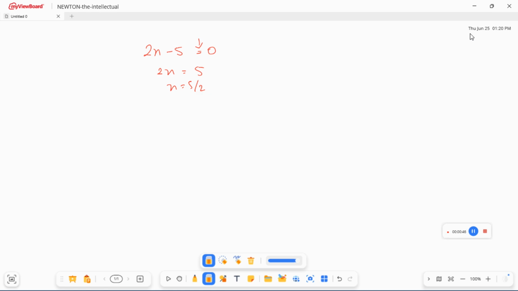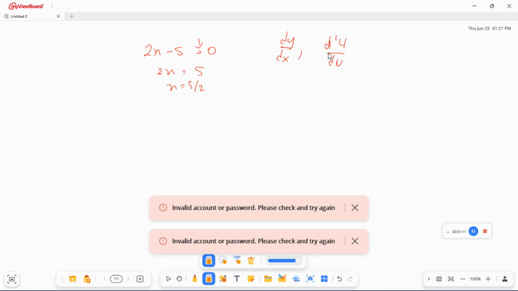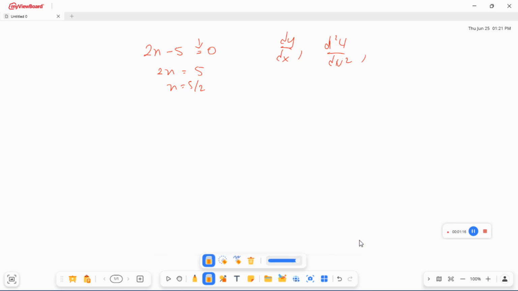Now, this is a normal linear equation. But a differential equation is an equation that has a differential coefficient. By differential coefficient, we mean things like dy/dx, d²y/dx², y prime prime, f prime of x.